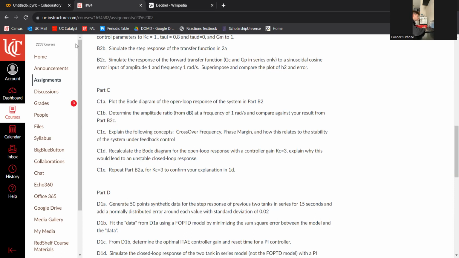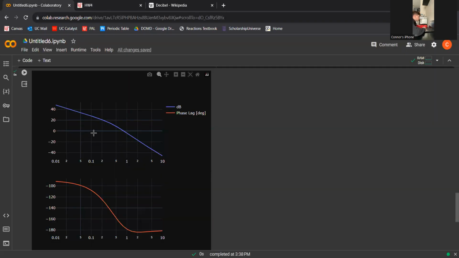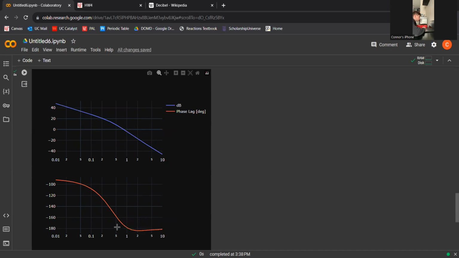I guess I can explain that now. If our decibel reading at the crossover frequency is above that 0 mark, that means our system is unstable. If it's below 0, that means our system is stable.